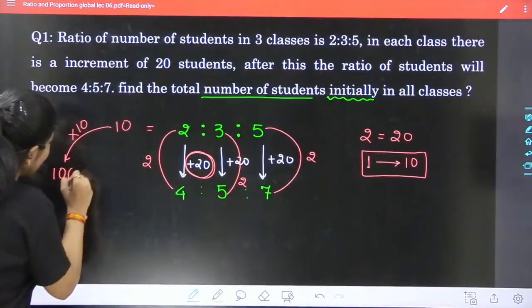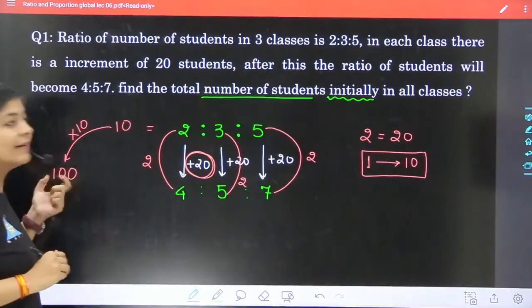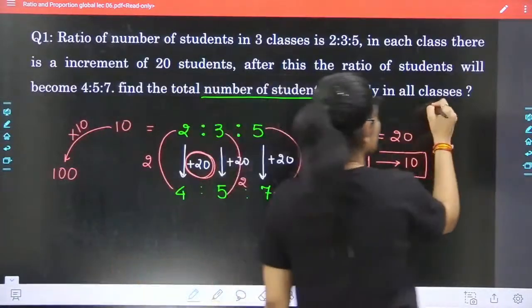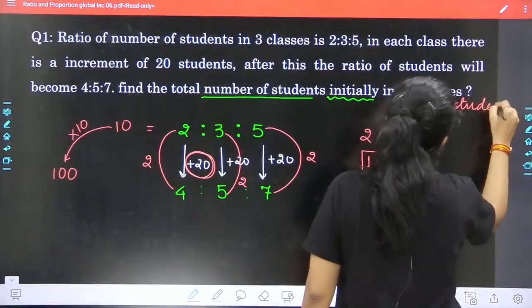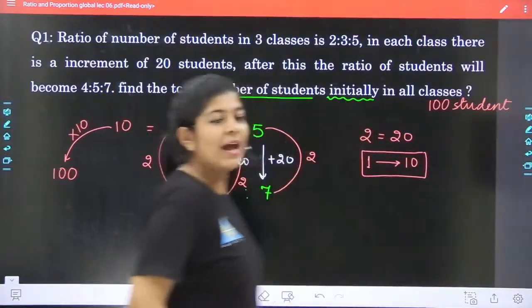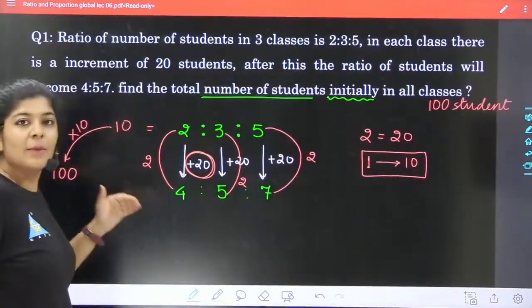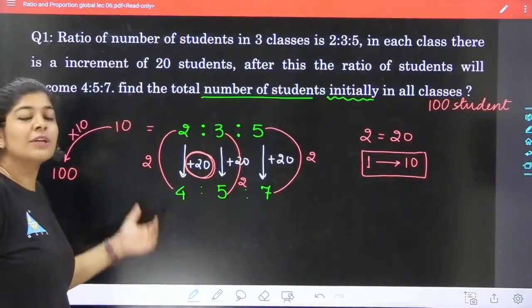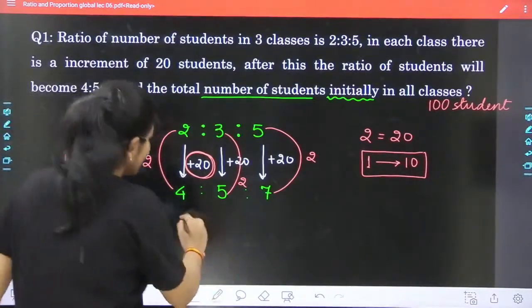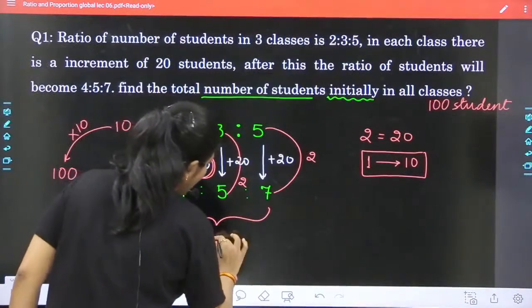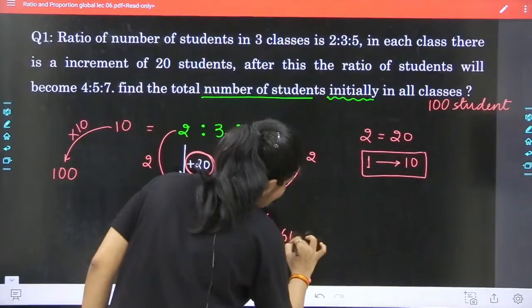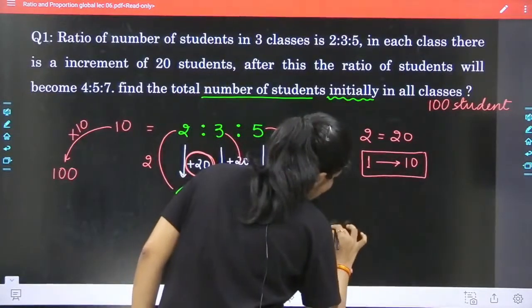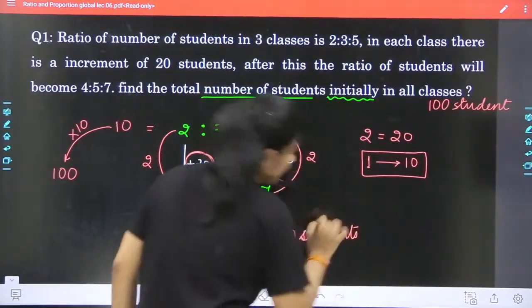Before the increment, there are 100 students in all the classes. And the total number of students after the increment is equal to 100 plus 60, that means the total sum equals 160 students after the increment.